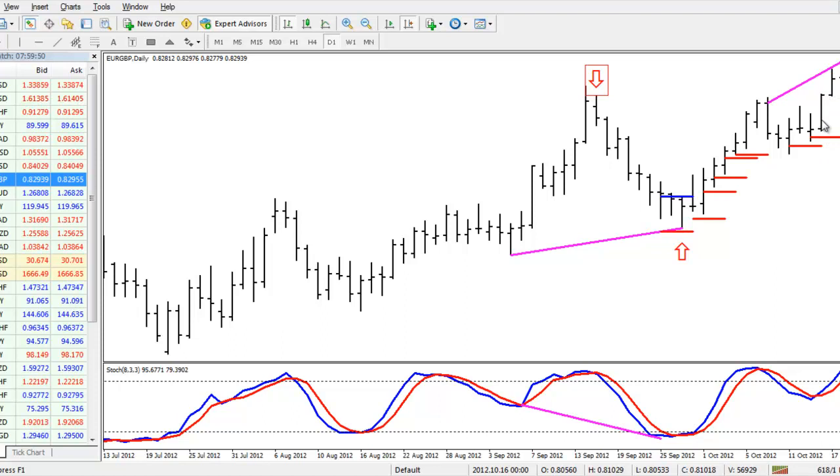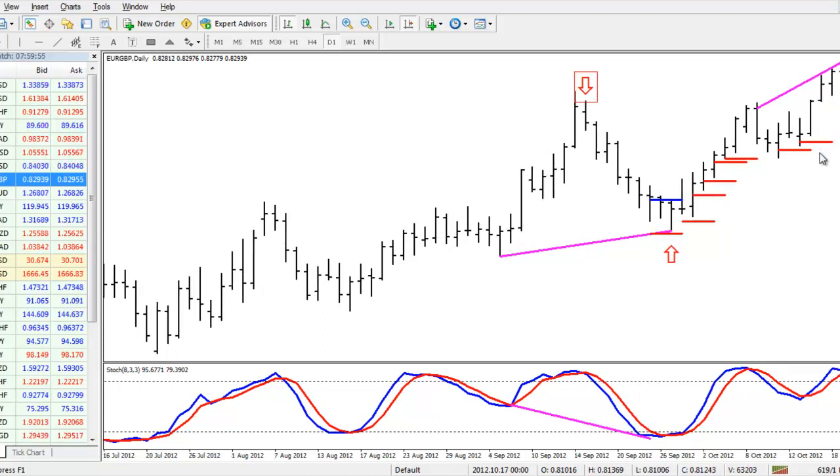The lowest low of the last 3 bars is this bar here, less the 8 pips. 1, 2, 3. The lowest low of these 3 bars means that we can move the stop loss underneath this bar here, less the 8 pips.